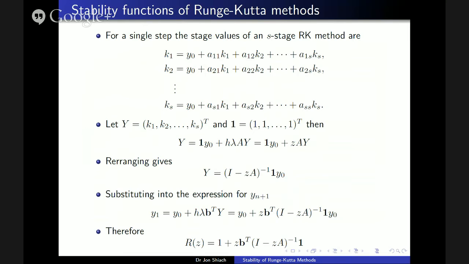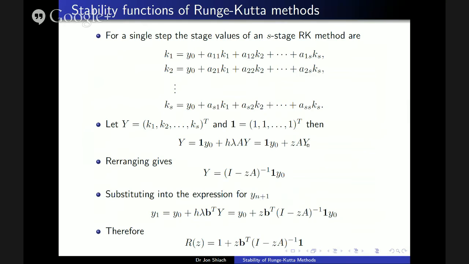So in short, if h lambda is z, I have my stage values Y equal to my vector of 1s times y0 plus z times the A matrix times my vector of stage values. So this is an implicit relationship: Y depends upon whatever Y is.